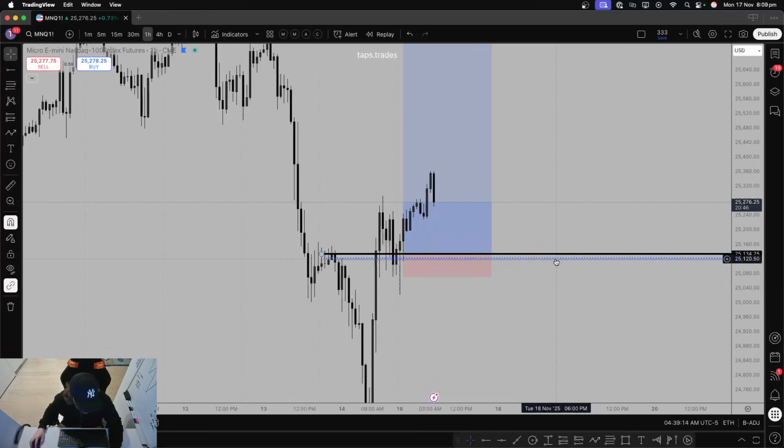Feel free to use that on your charts, and if it's not helpful, then take it off. I'm just testing it out for the moment, and it looks very aesthetically pleasing for me, so I'm going to keep it on and just see how it goes. I don't want to confuse anyone. I just want to ultimately make your trading experience as easy as possible, and so that you can digest the information as easy as possible as well.